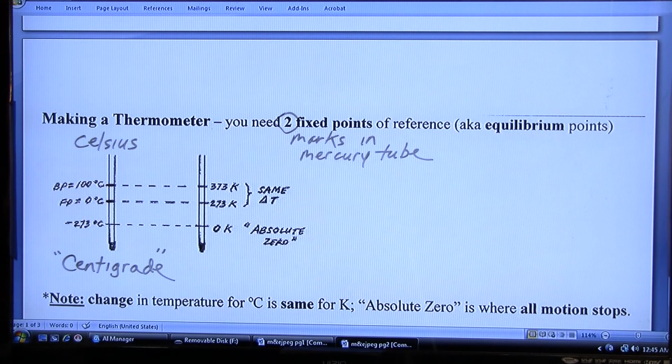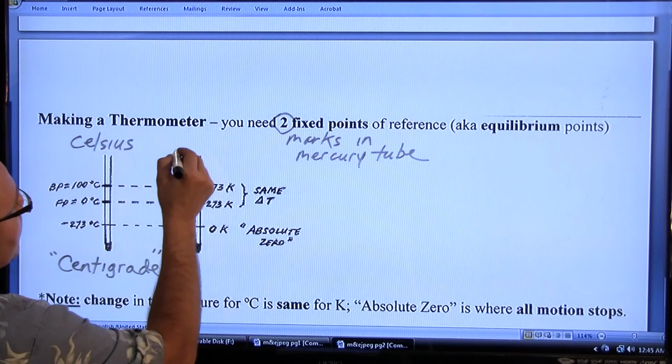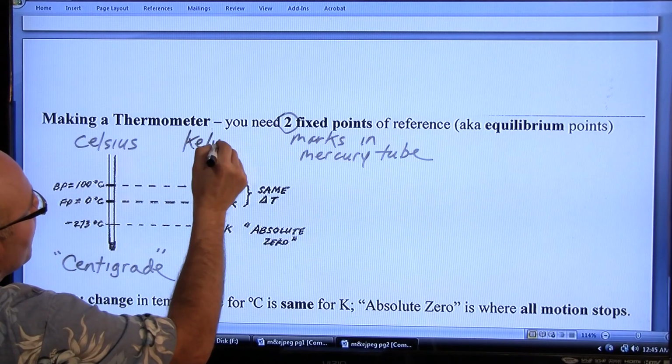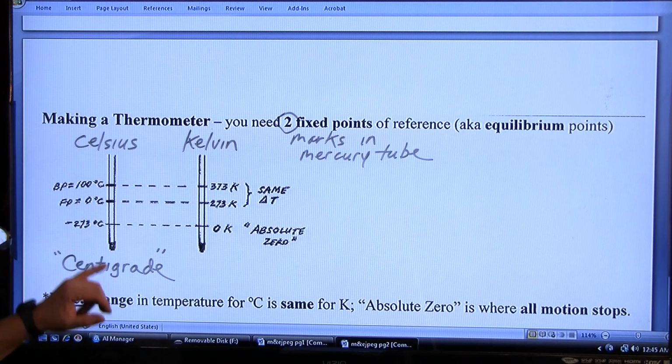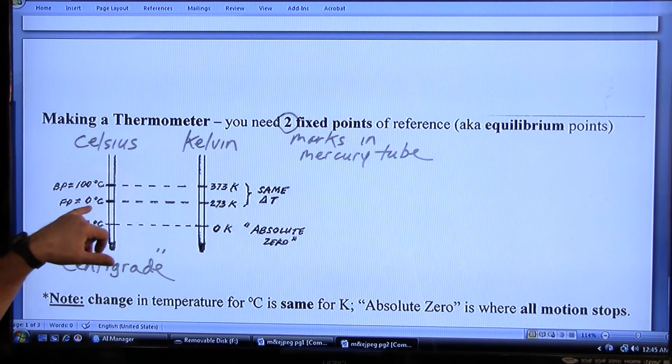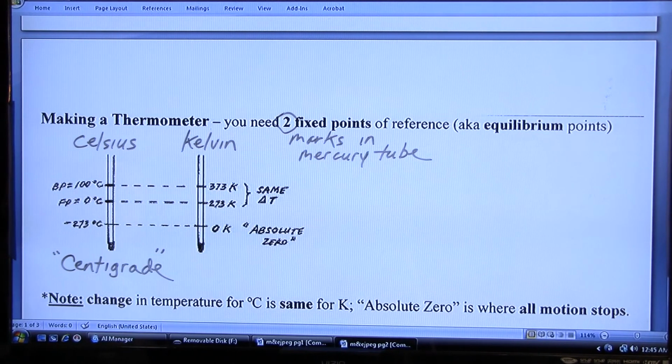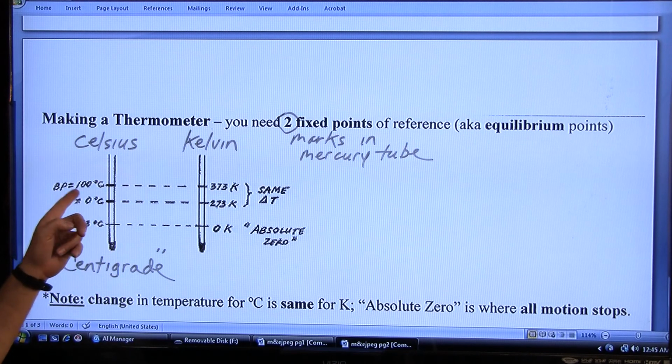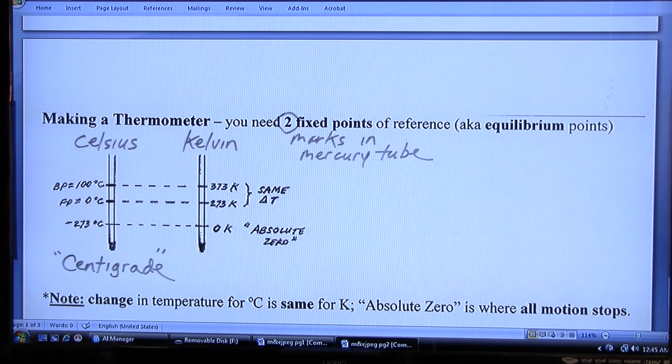Now if we convert from Celsius to Kelvin as we did before, let's do that now. So we add 273 to the Celsius temperature, we get 273. And add 273 to the boiling point temperature, 100 plus 273 is 373. So you have the corresponding fixed points of reference in the Kelvin scale.